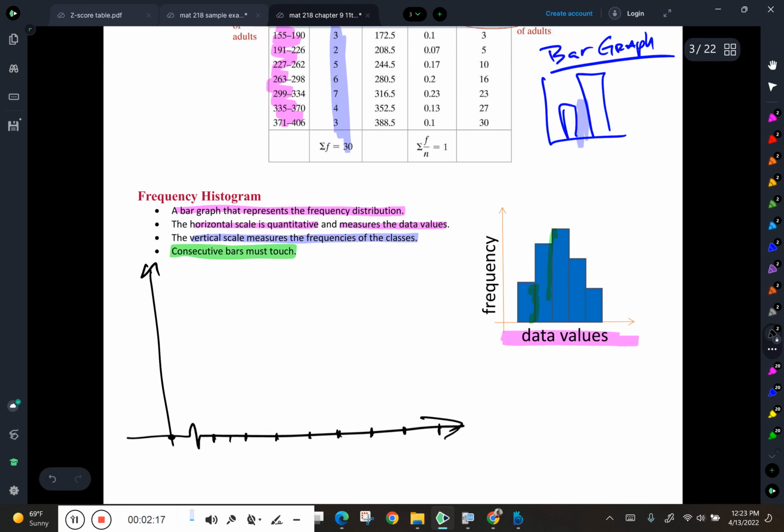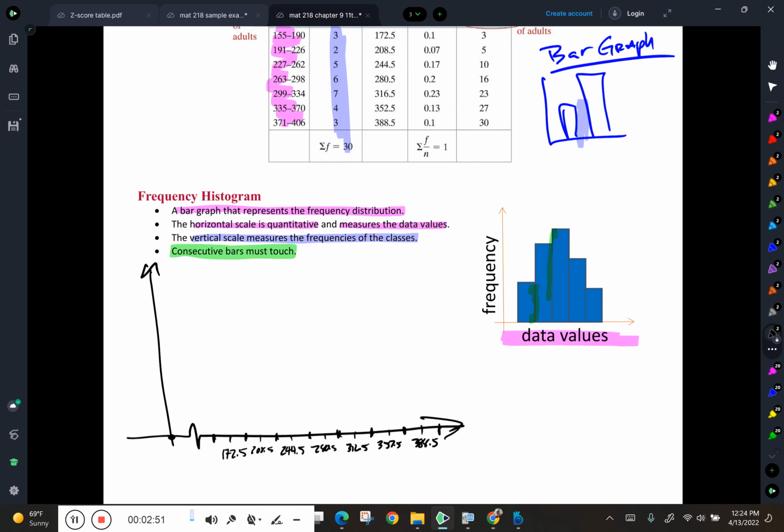And I'm going to choose to label my bars using the midpoints because I find that to be a little bit cleaner. So 172.5, 208.5, 244.5, 280.5, 316.5, 352.5, and 388.5.